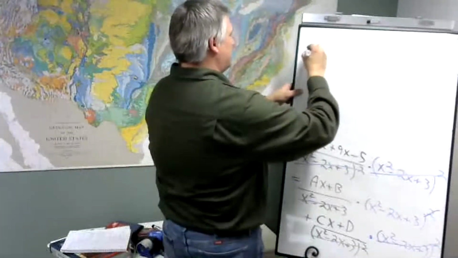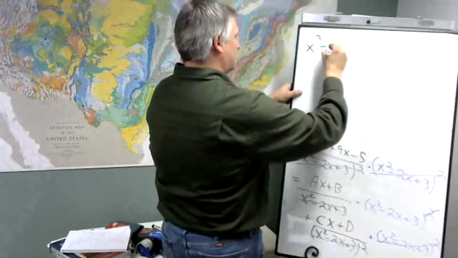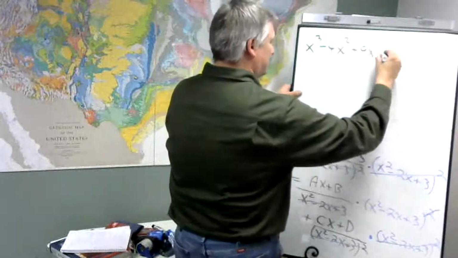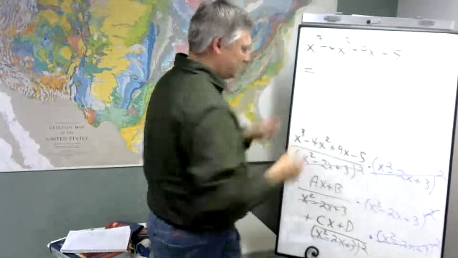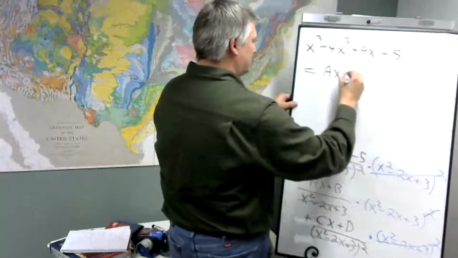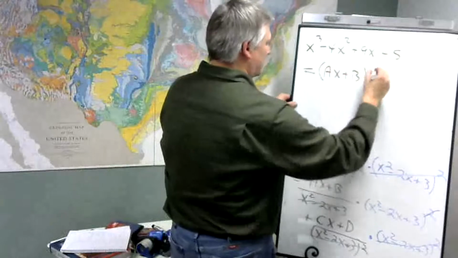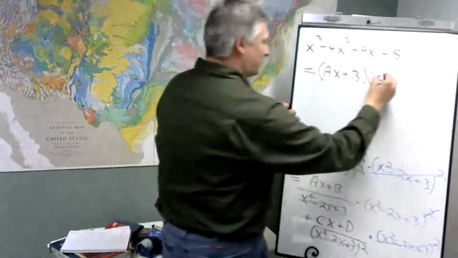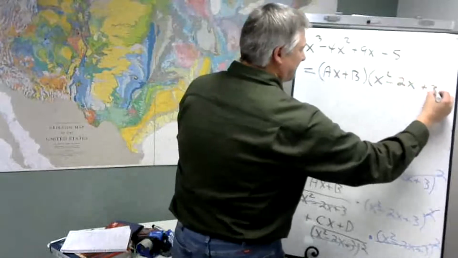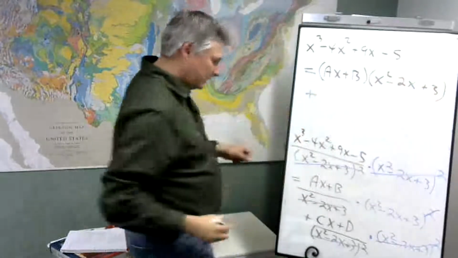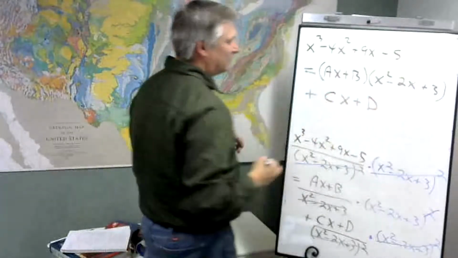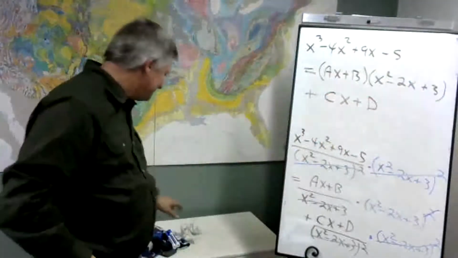So again, x³ - 4x² + 9x - 5, because its denominator completely canceled, then (ax + b) times one of these, x² - 2x + 3. And then again, the denominator canceled completely on this term. And so that's what we've got.